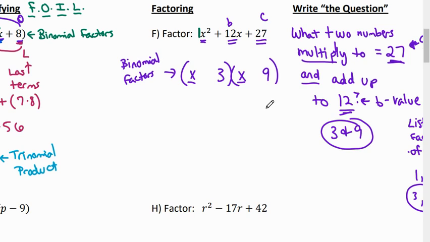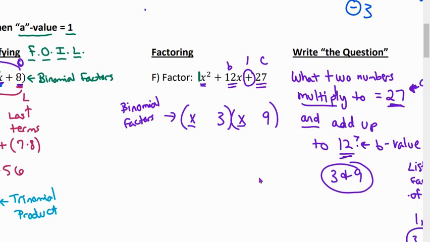Now, as far as signs go, in order for this 27 to be positive, your signs have to be the same. Because a positive times a positive is a positive, and a negative and a negative multiplied together is a positive.